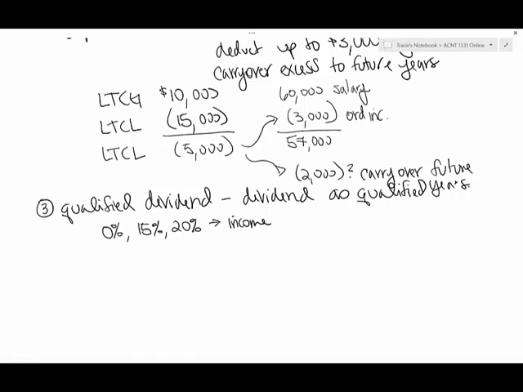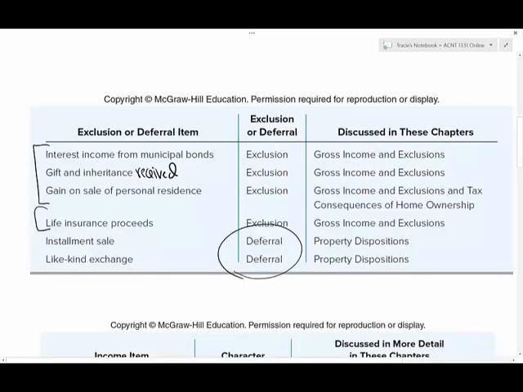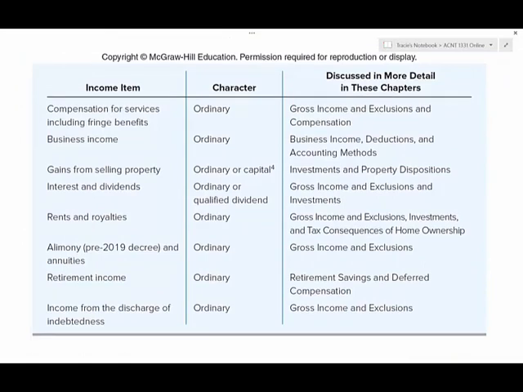Now let's talk about our deductions. Before we do that, though, I want to point out a great exhibit in the book that shows you the different types of income items and whether they're ordinary or capital or qualified dividends.